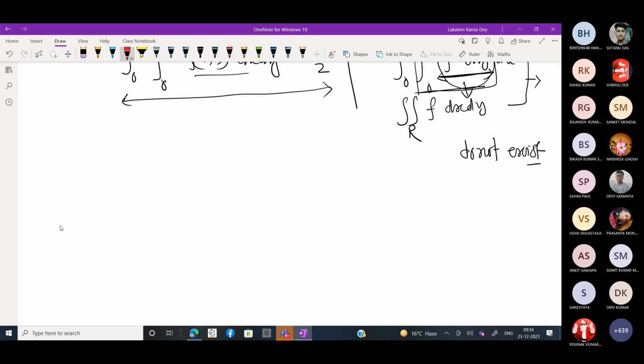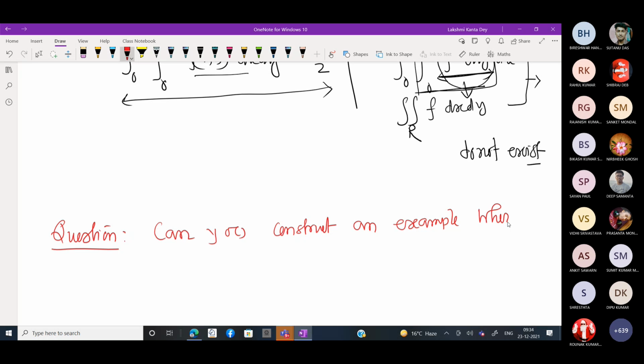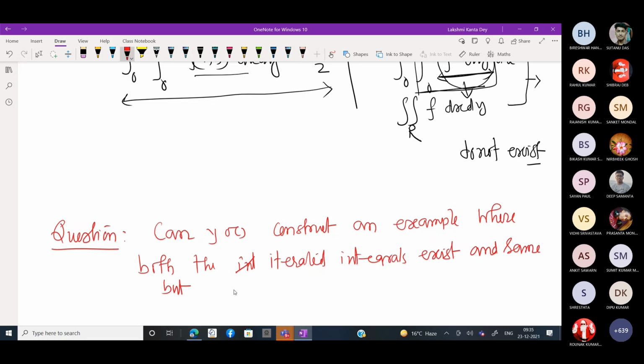Now another question. Can you construct an example where both the iterated integrals exist and are the same, but the double integral fails to exist?